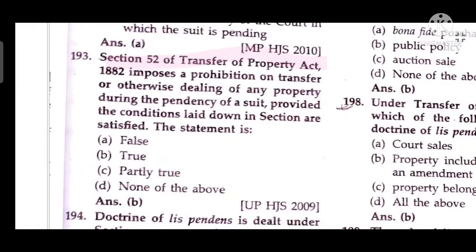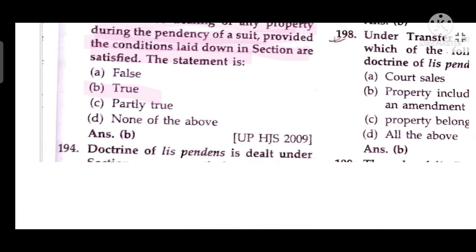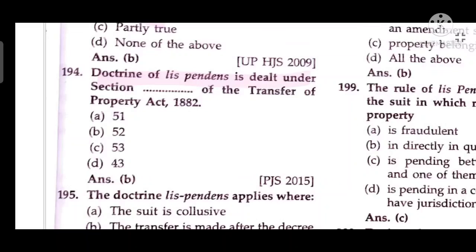Section 52 of Transfer of Property Act 1882 imposes a prohibition on the transferor from otherwise dealing with any property during the pendency of the suit, provided the conditions laid down in the section are satisfied. The statement is true. The doctrine of lis pendens is dealt with under Section 52 of Transfer of Property Act 1882.